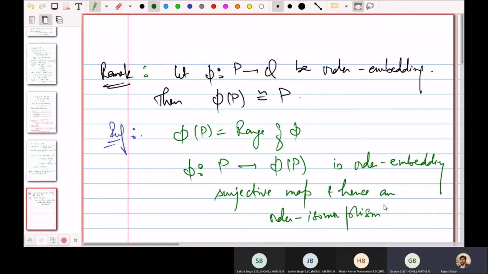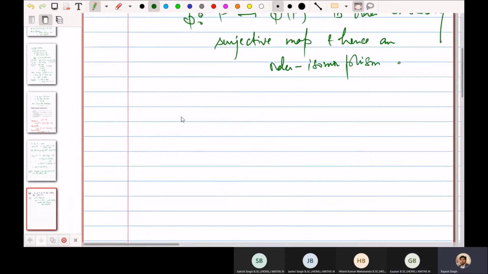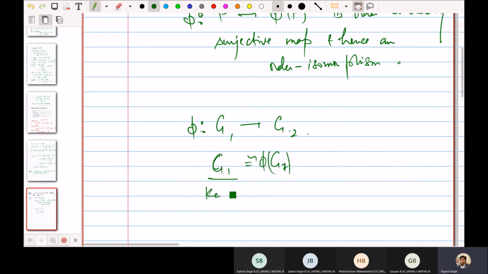Yes. जैसे अलजेब्रा में भी करते हो ना कई बार, कि if phi is a group homomorphism from G1 to G2, then you say that G1 is isomorphic to phi of G1, or G1 by kernel phi in fact, क्योंकि कुछ इसके जो एलिमेंट्स जो 0 पे जा रहे हैं उसको भी देखना पड़ता है ना. सो यहाँ पे G2 नहीं लेते, G2 तब लेते हो जब onto map होता है.